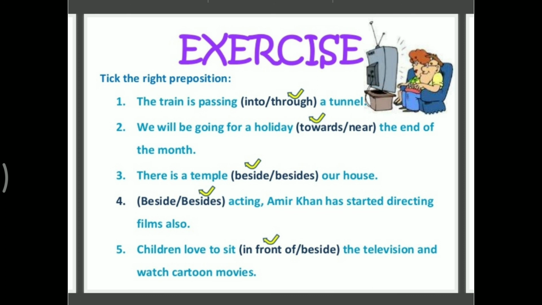Here also we have given pairs of prepositions from which we have to choose the right one. The train is passing through a tunnel. We will be going for a holiday towards the end of the month. There is a temple beside our house. Besides acting, Aamir Khan started directing films also. Children love to sit in front of the television and watch cartoon movies.